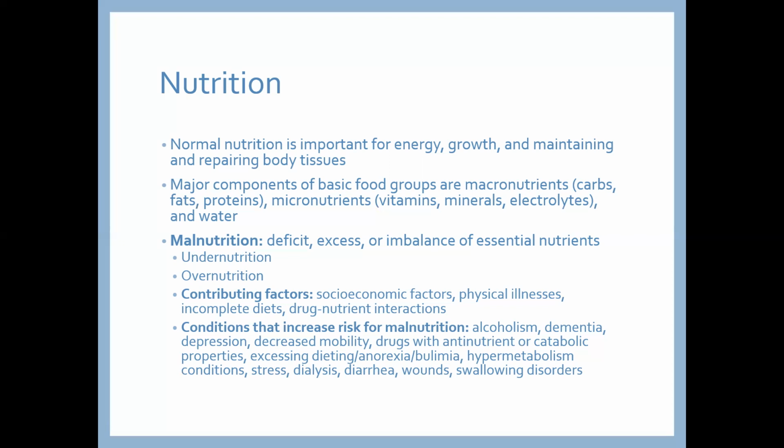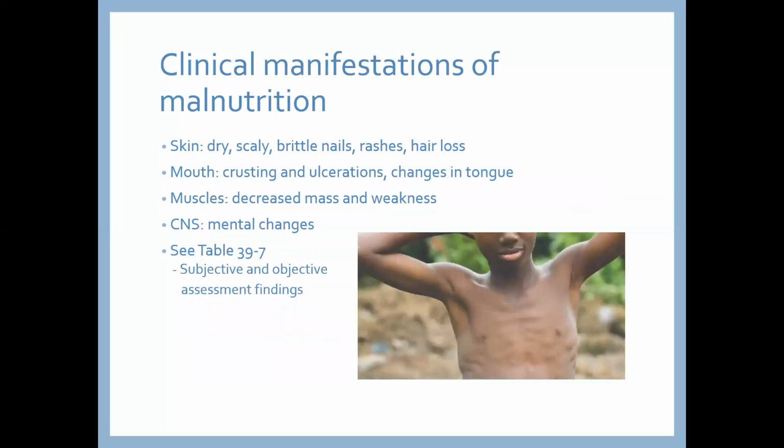Those would be some of our endocrine disorders like hyperthyroidism, for example, stress, dialysis, diarrhea, wounds, swallowing disorders. So these all are pretty self-explanatory and are some of the more common reasons why we see people struggling with optimal nutrition.